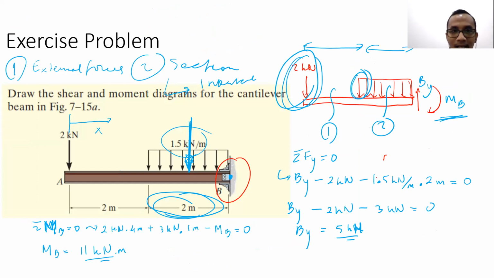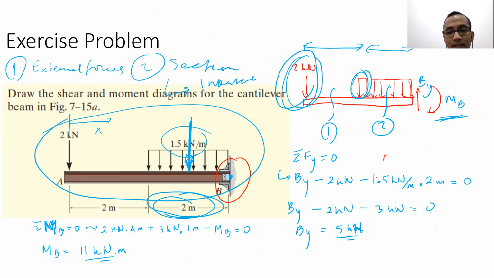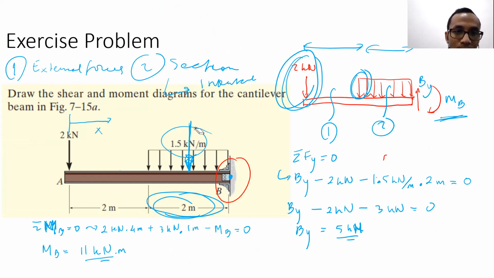In that case, if you just put it like this for all the free body diagrams, the assumption is not a distributed load, but a concentrated load, 3 kilonewton meter. Do you get it, Rizky?